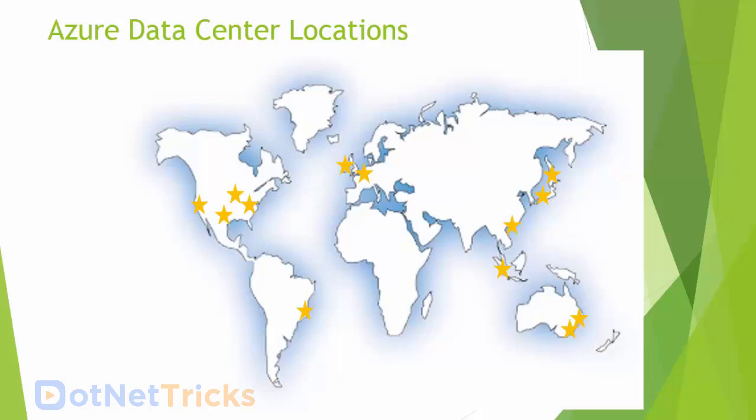Whenever we create a new Azure service, we have to select an Azure region, meaning which data center or location your compute services belong to. Whenever you select an Azure region, you should consider where the users of these services are located.